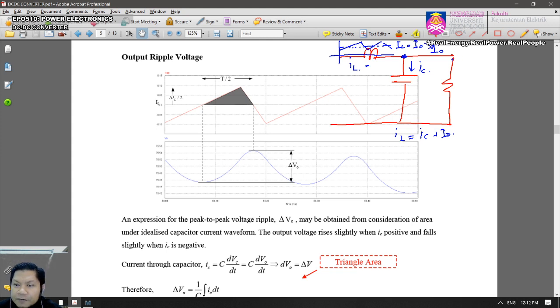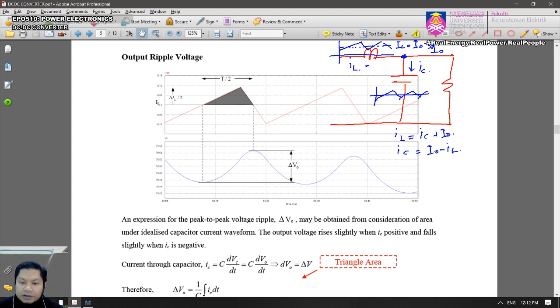So therefore IC equals IL minus I0. So you're going to get your IC. Okay, so I0, the constant average current, and the ripple. So you're going to get these values, the waveform of the IC current.